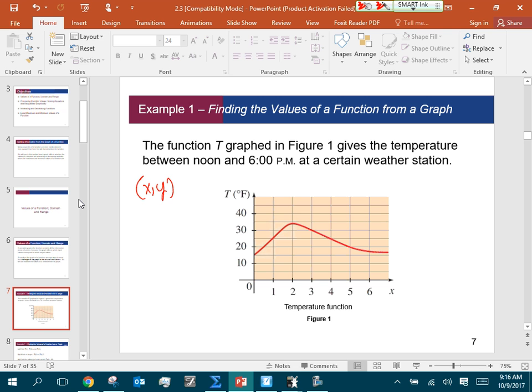But if I write something like this, T comma capital T of lowercase t, I see that right there, and that tells me that capital T is a what?